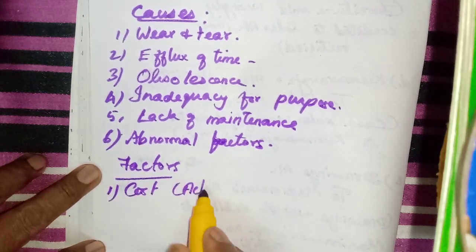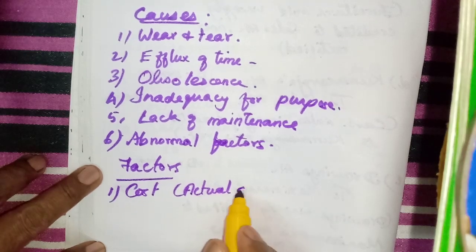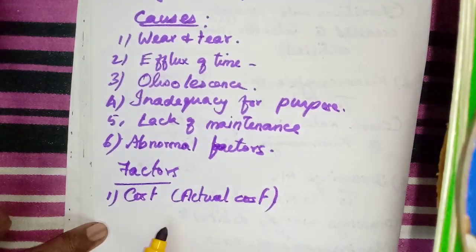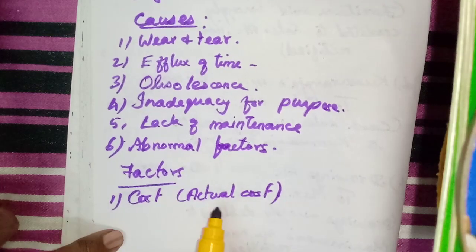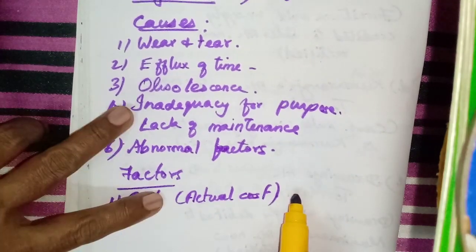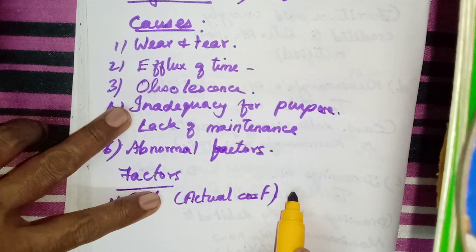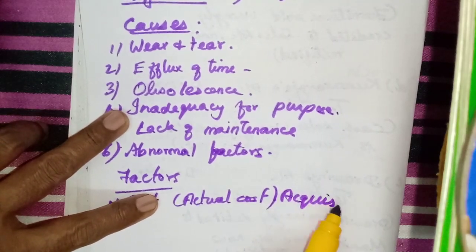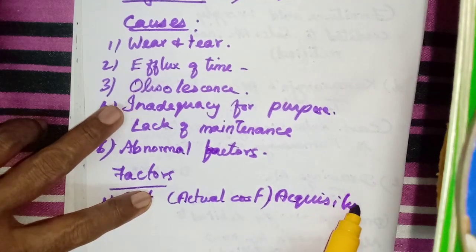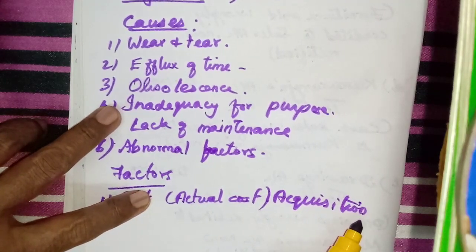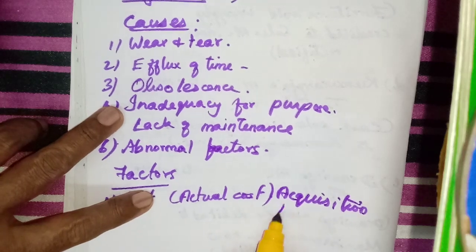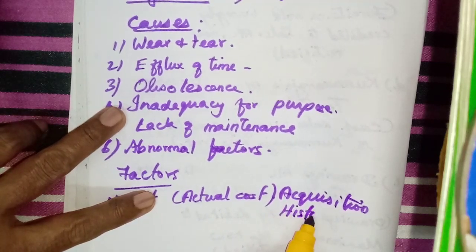Actual cost or total cost. So you should listen carefully here. The total cost means we can say the acquisition cost, acquiring cost. That means the purchasing price. Acquisition means purchasing. Acquisition cost, or we can say the historical cost, purchasing price.